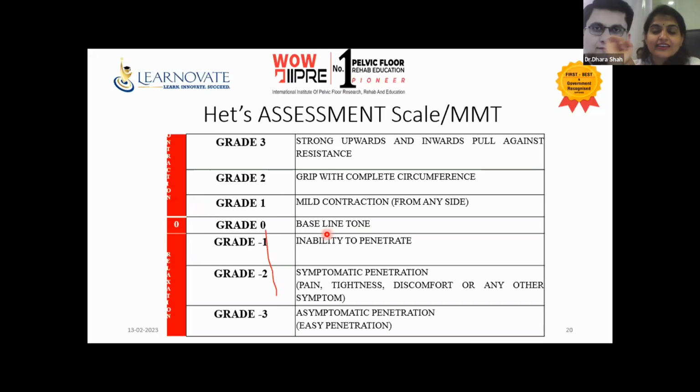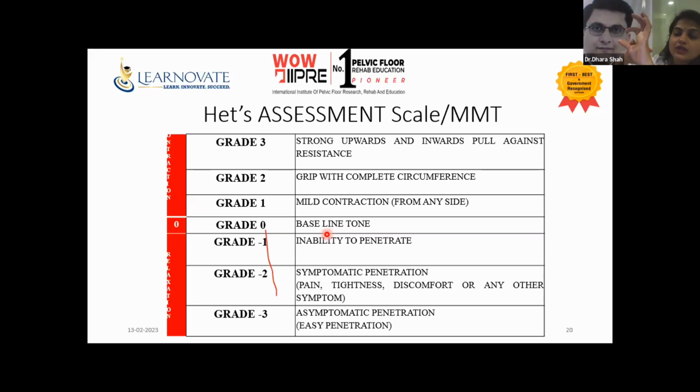Okay. So it is a very simple yet highly efficient scale to examine your pelvic floor muscle relaxation. Repeating once again, 0 being the baseline tone, -1 means inability to penetrate, -2 means symptomatic penetration, and -3 means asymptomatic penetration.